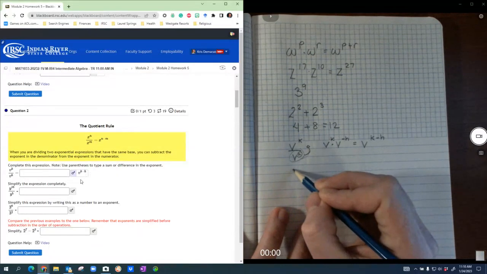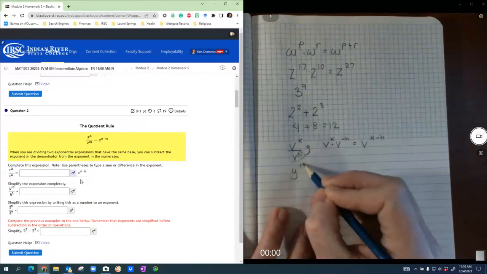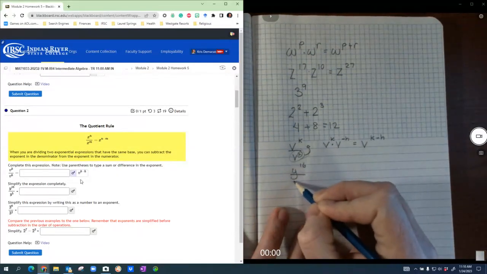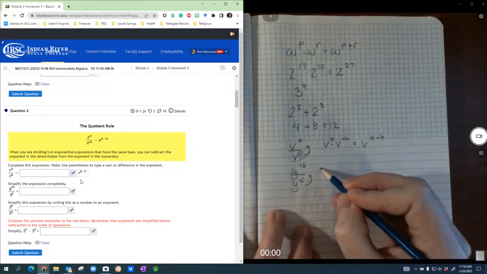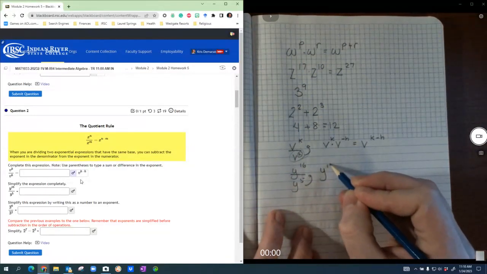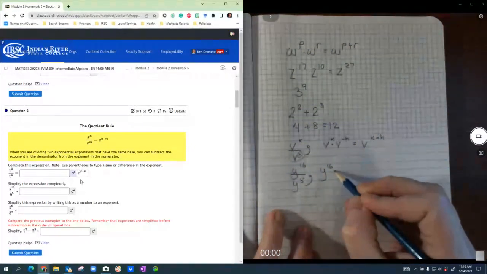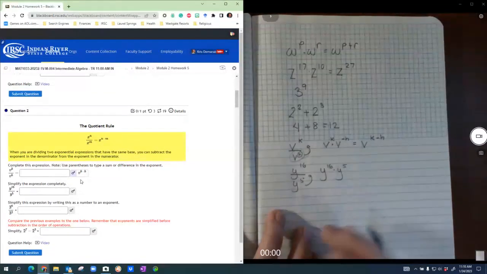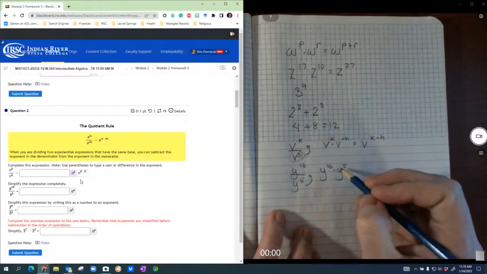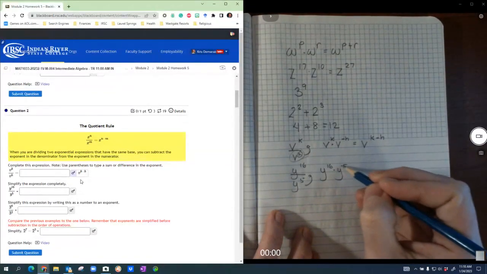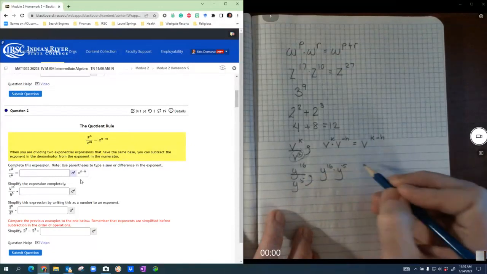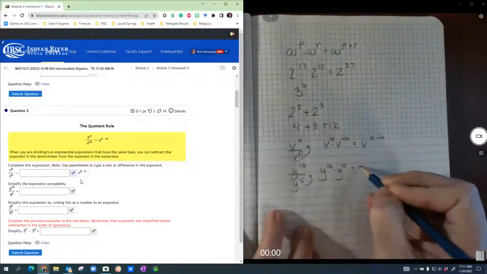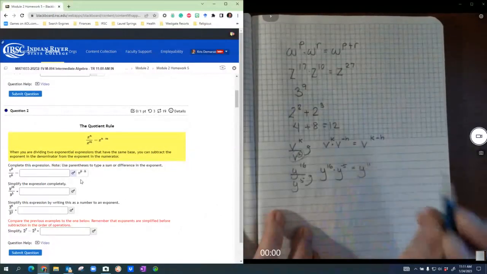So likewise, you do the same thing for y to the 16th over y to the 5th. You bring this up to the top, and I'm purposely doing this strategy because I'll talk later about what we do when we're dealing with simplifying radicals. So now this becomes negative 5 because it's bringing it up. So now it's 16 minus 5, and we can do that in our head, and we get 11.